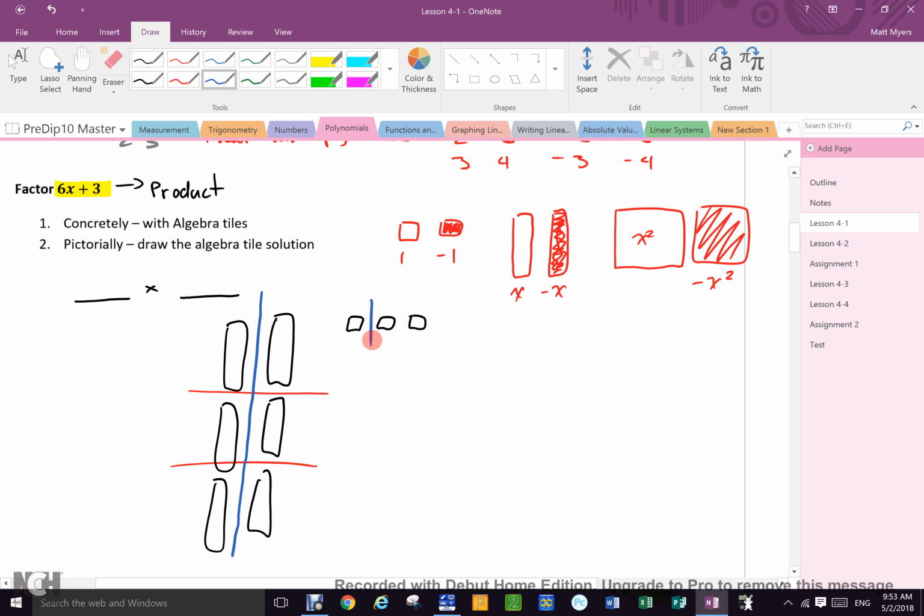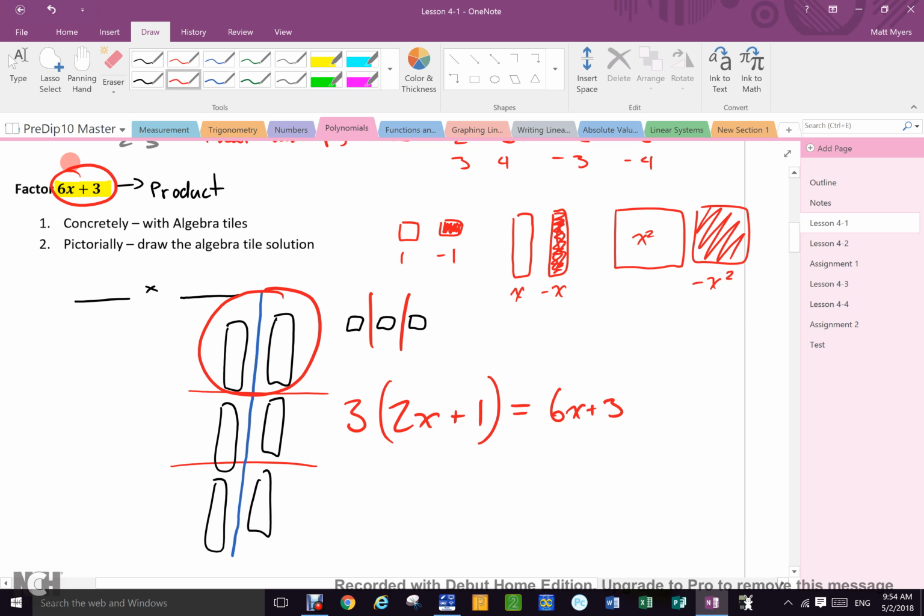So I have to do both of these. Oh, I did that in the wrong color because I'm an idiot. Divide them both by 3, yes? So, once I've divided them both by 3, I can quite plainly see I have 2 x's and 1 little guy. And how many of that do I have? 3 of them. Oh, I see. Now, if I distribute that 3, what do I get? 6x plus 3, which is what I was looking for.